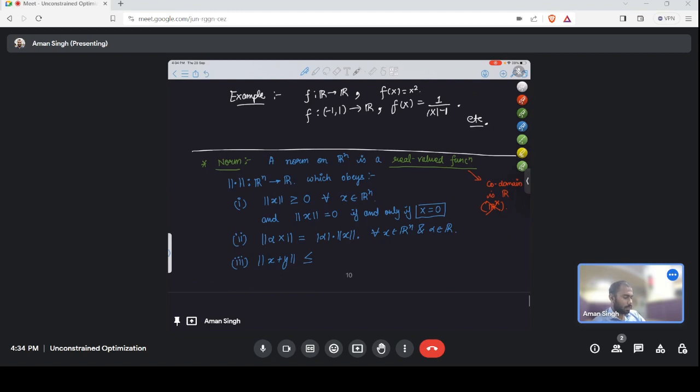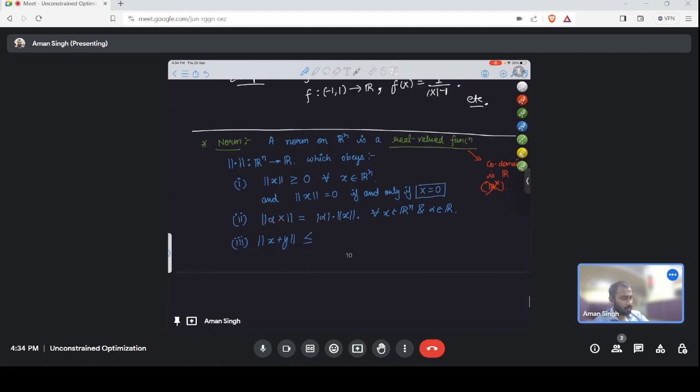So the norm of x plus y should be less than or equal to the norm of x plus the norm of y, for all x, y belonging to Rn. A diagram that is generally associated with this is norm of x, norm of y.